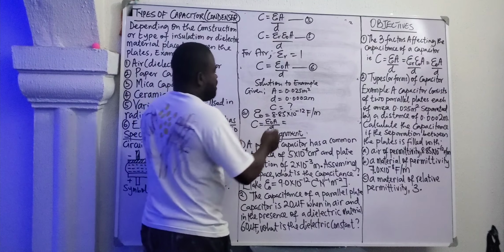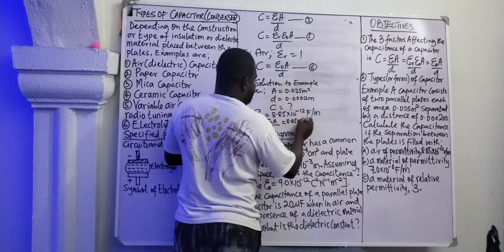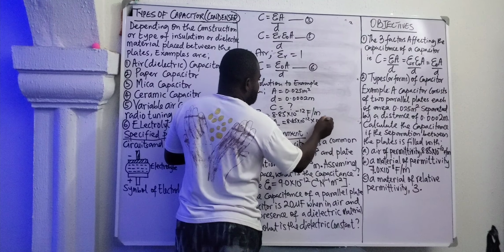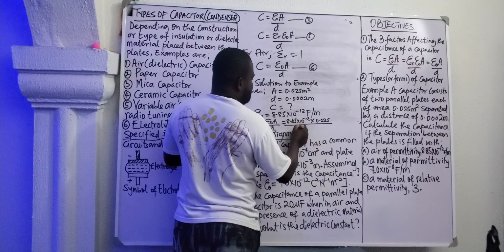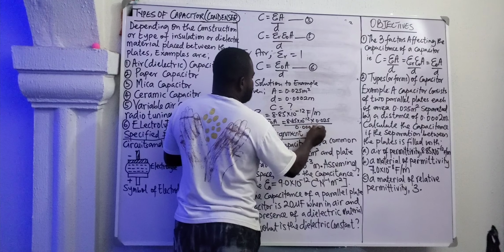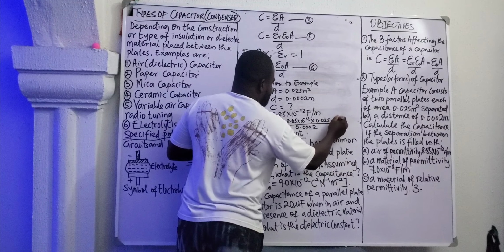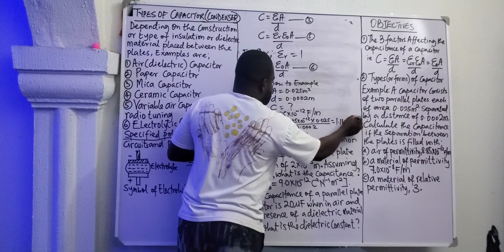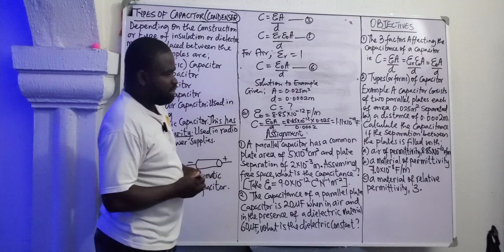If I substitute, I will have 8.85 times 10 raised to the power minus 12 multiplied by the area 0.025 divided by the distance 0.0002. If you multiply and divide, you are going to have 1.11 times 10 raised to the power minus 9 farad. That will be your answer.